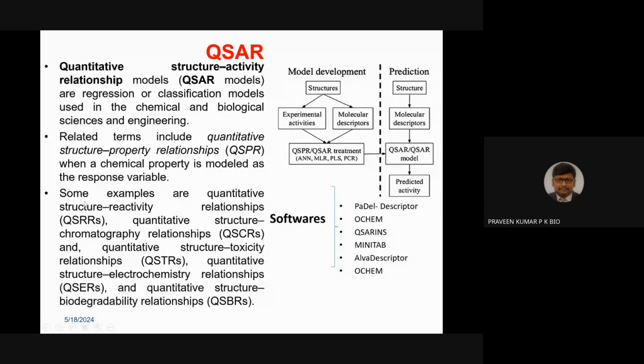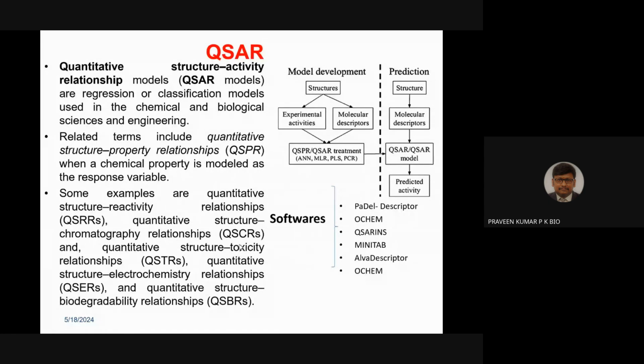And just like activity, even the other properties of chemical compounds can be determined through QSPR, and the reactivity can be determined through QSRR. And if you have a series of compounds from the same plant, then that can be determined through QSCRS, because if you take some group of compounds, like alkaloids, a similar group of alkaloids have almost the same molecular weight.